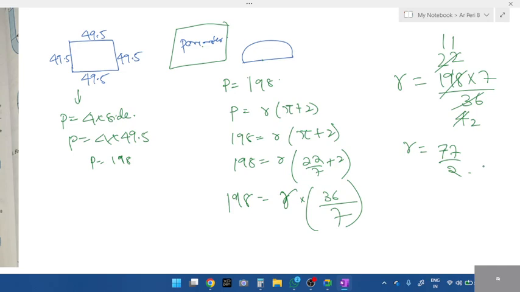All of you done? This is the answer, students. Divide this, you'll get 37.5 is the answer.